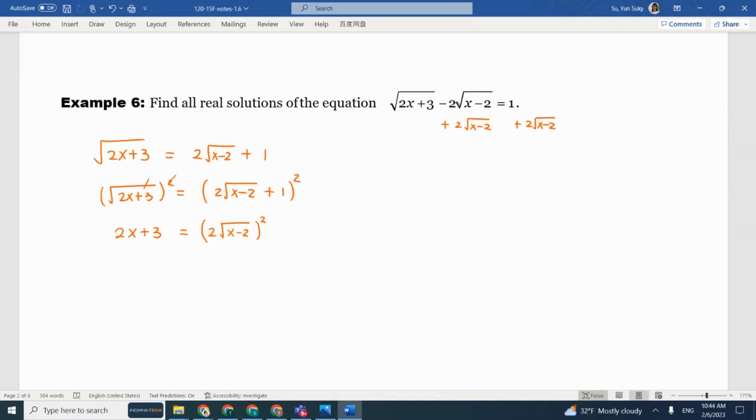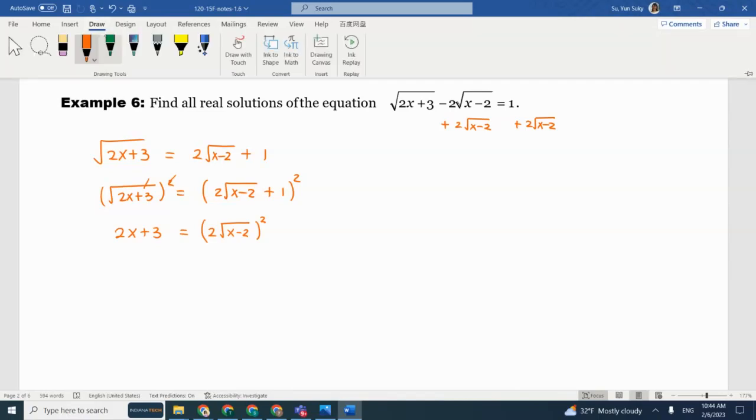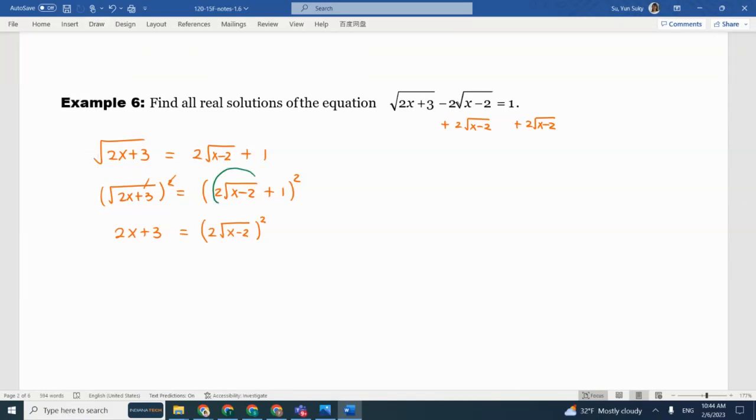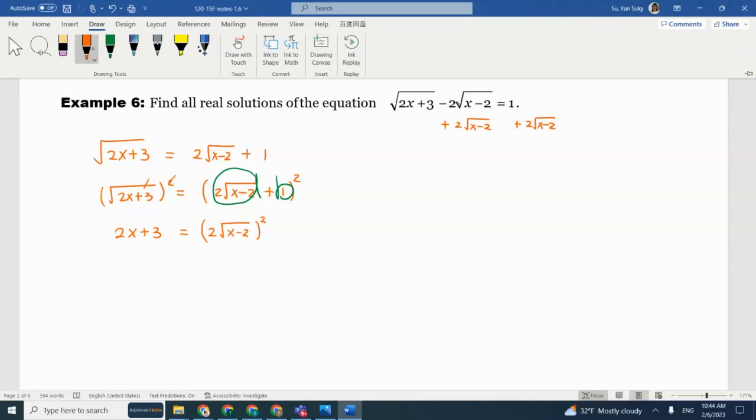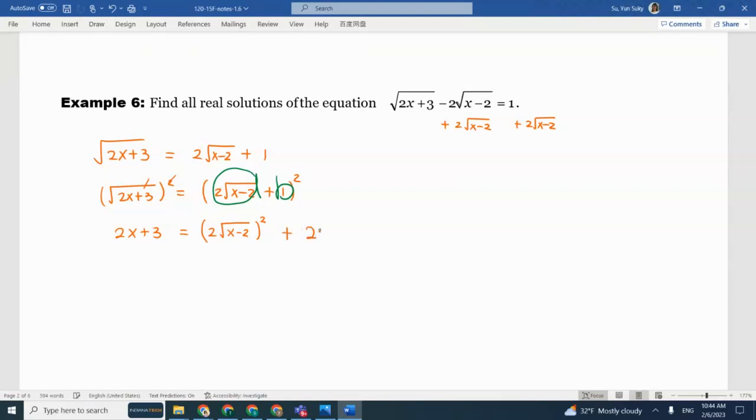So here, the a is like what? The a is 2 times the square root of x minus 2, right, everybody? This is the a. Yes? So a squared, and then plus 2 times a, which is 2 times the square root of x minus 2, times b.